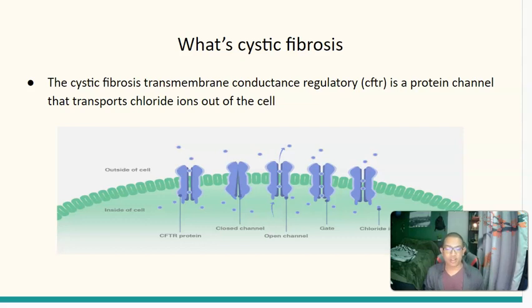This is a protein channel within the cell that pumps chloride ions out of the cell itself. If the CFTR is working correctly, it plays a vital role in keeping the balance between salt and water, between chloride and water, in the body.